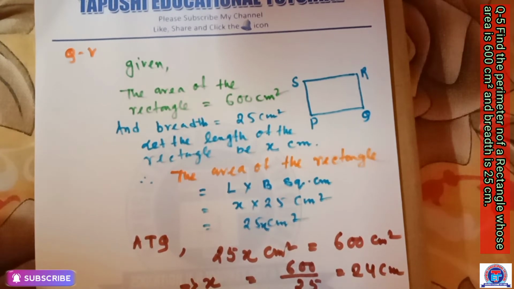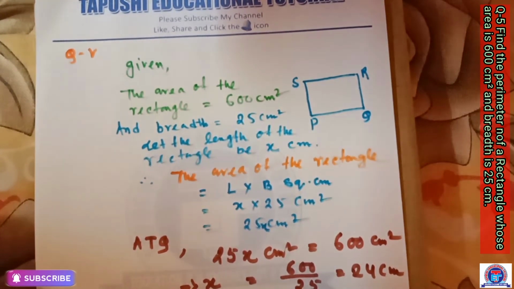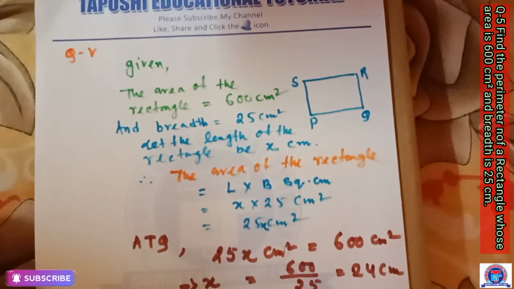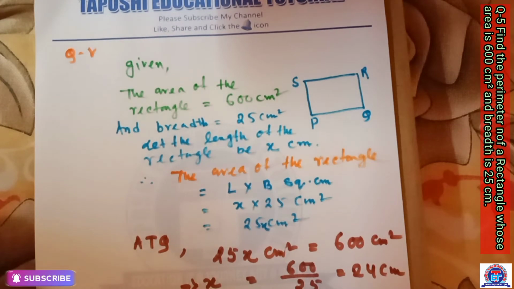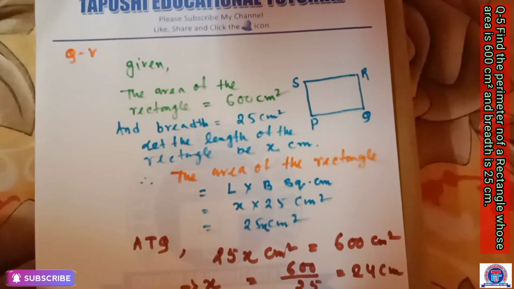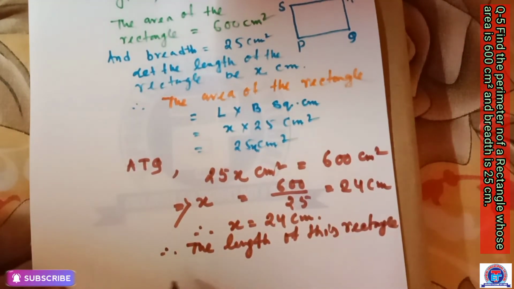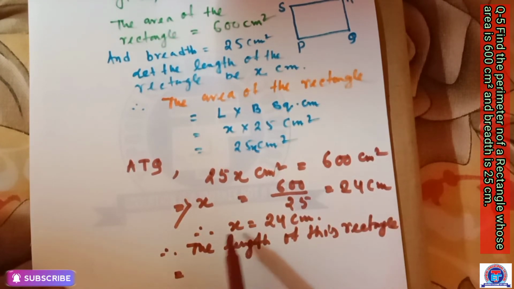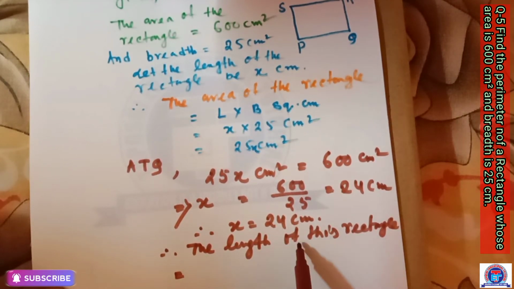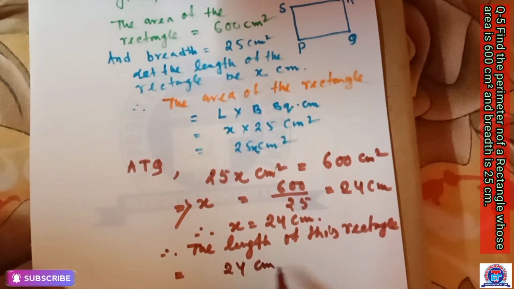Therefore x is equal to 24 centimeter. So the length of this rectangle is equal to how much? Here x is equal to 24 centimeter. The length of the rectangle is equal to 24 centimeter, right?